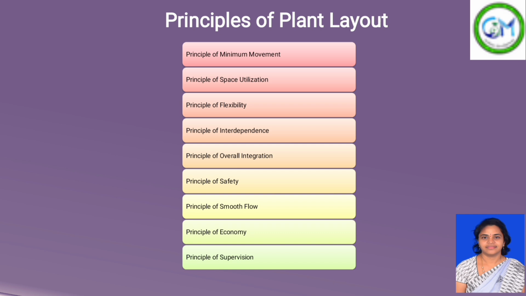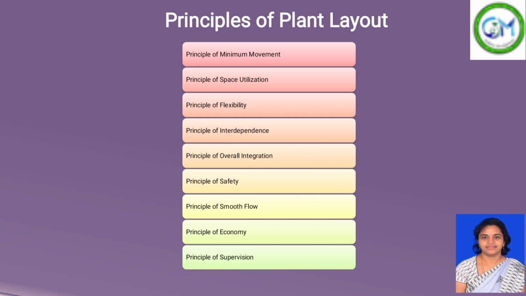Next, principle of safety. There should be inbuilt provision in the design of the layout to provide for comfort and safety of workers. So safety is very important in the organization, and during the production process it is essential. So take some safety measures.